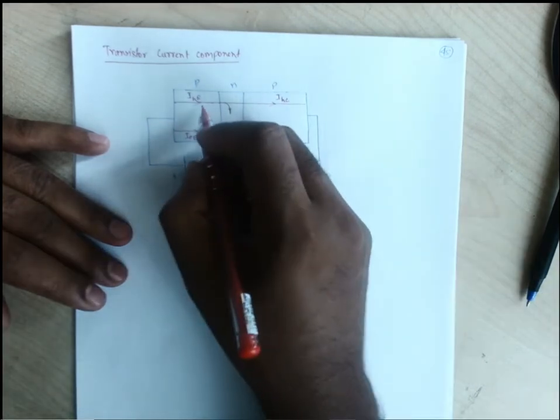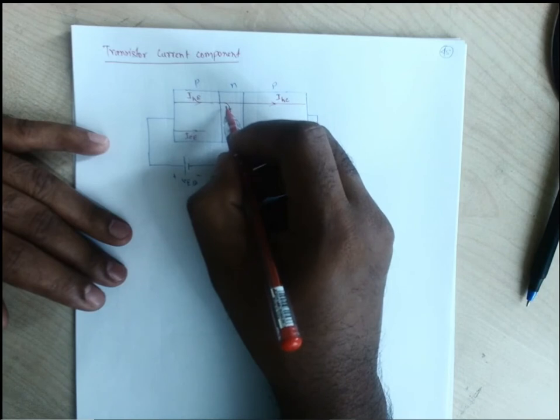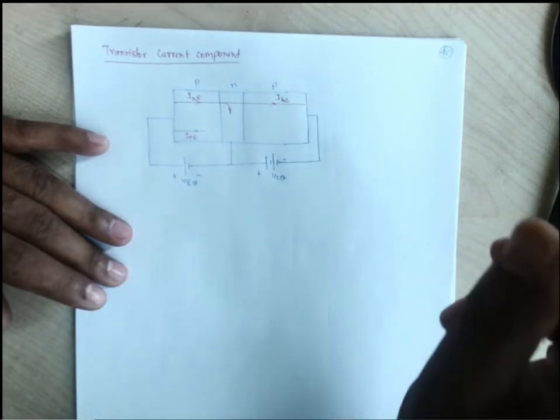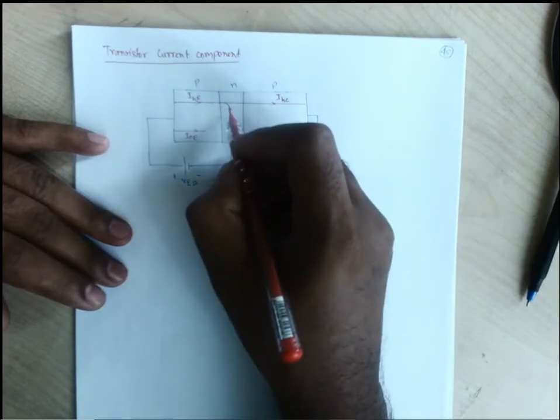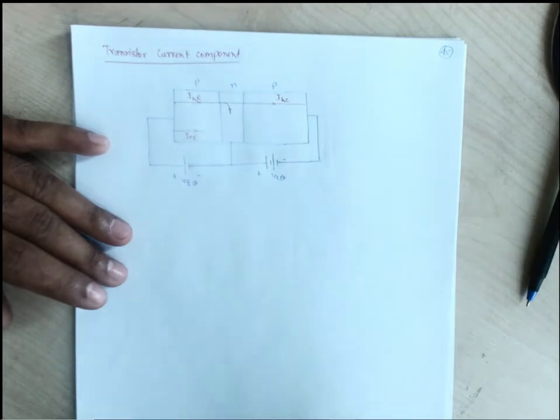Let us consider 10 holes started their journey, and when they reached the base, two of the holes were lost due to recombination, then the remaining holes are there in the collector region to form the collector current. That is the main stream of the current.